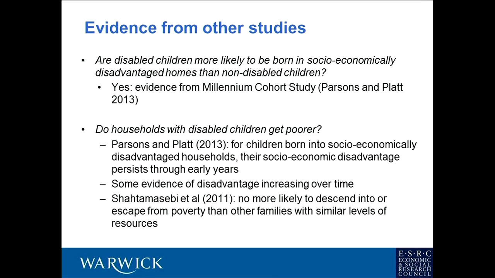But other work by people at Lancaster suggests that if you compare families with disabled children to families with non-disabled children but similar resources, then households with disabled children are no more likely to descend into or escape from poverty than other families.